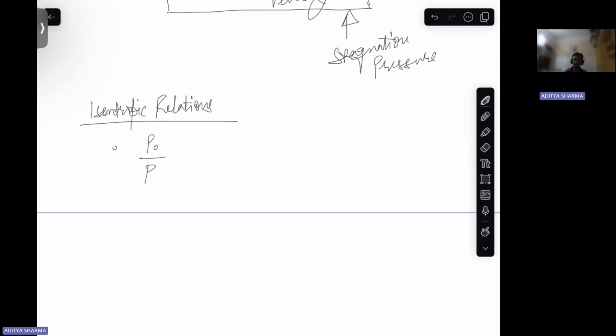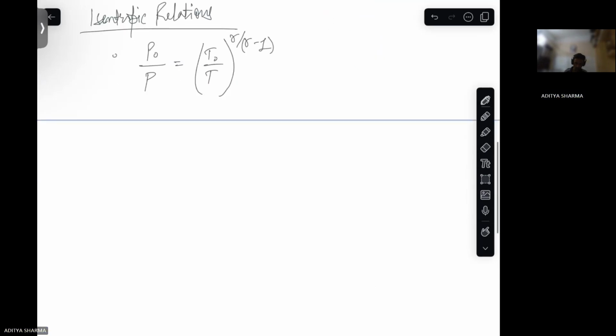So P naught is for your stagnation condition, P is for your static condition. So pressure when related to temperature, we can write this. This we know, we are just revising it.